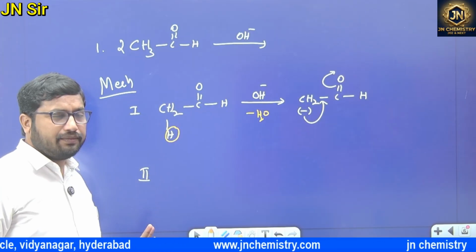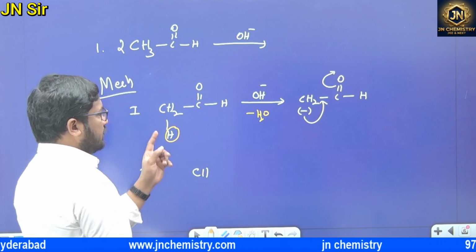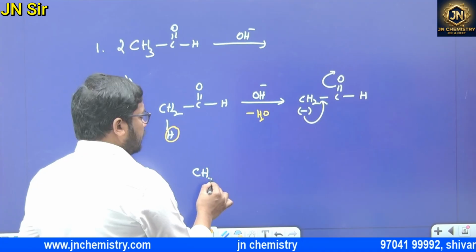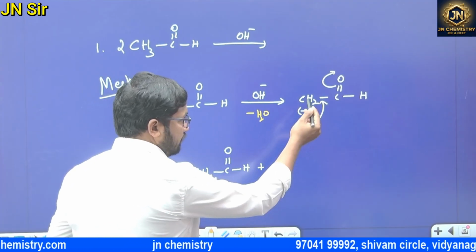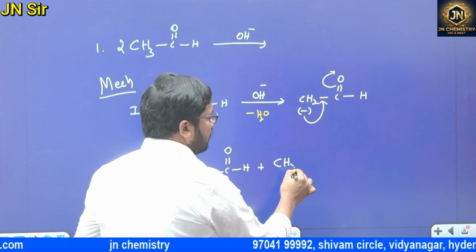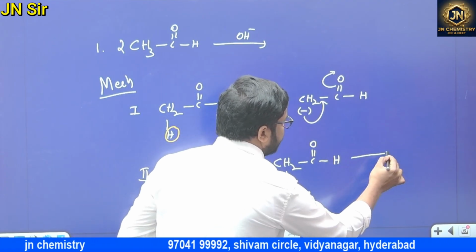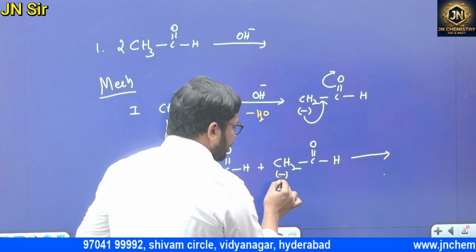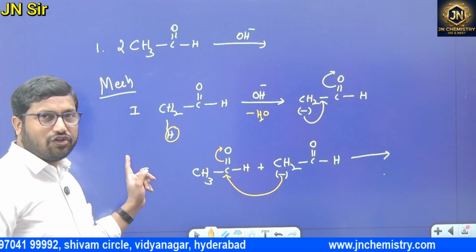Second, very simple. This is nothing but an acid-base reaction. Now here is CH3-CHO, the second mole which I am taking here. I told you aldehydes and ketones undergo nucleophilic addition reactions, right? Now the carbanion is attacking over here. Simply I told you, nucleophilic addition reaction.